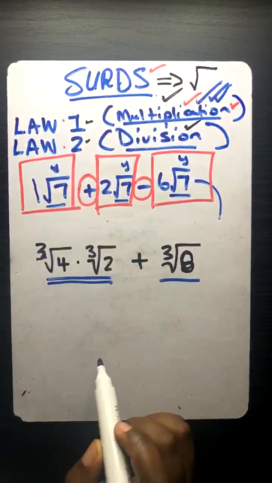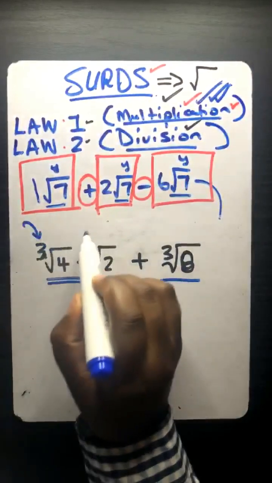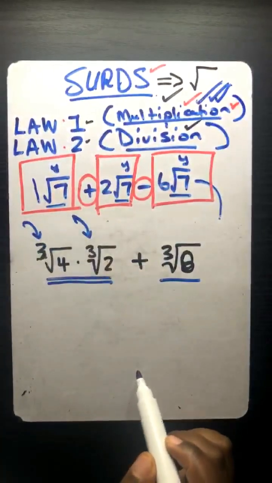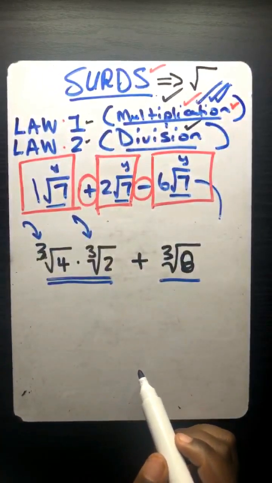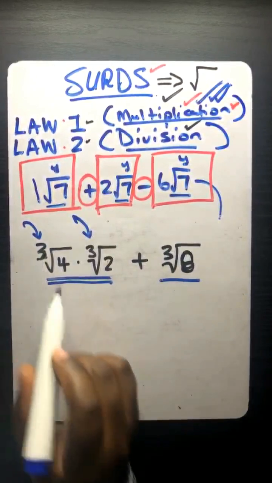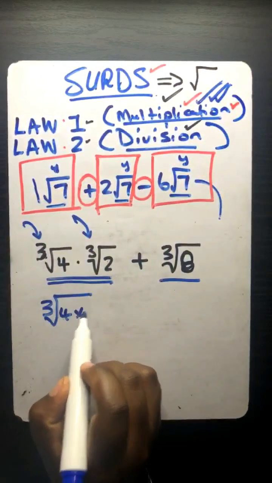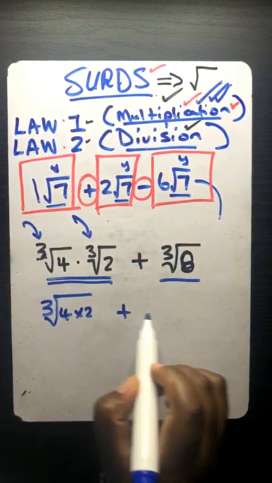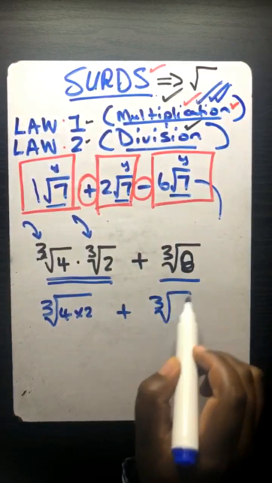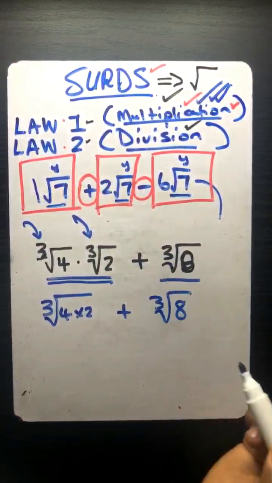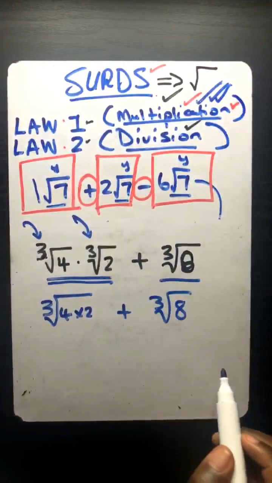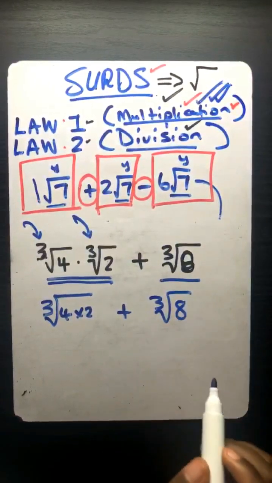You ask yourself the question, are the tails the same? Yes, the tails are the same. Okay, in that case, that means you can represent that with 1 tail, and you are having 4 that you multiply by 2. Then you still have plus this one. You cannot work it out because it is just as it is. You cannot further work it out.